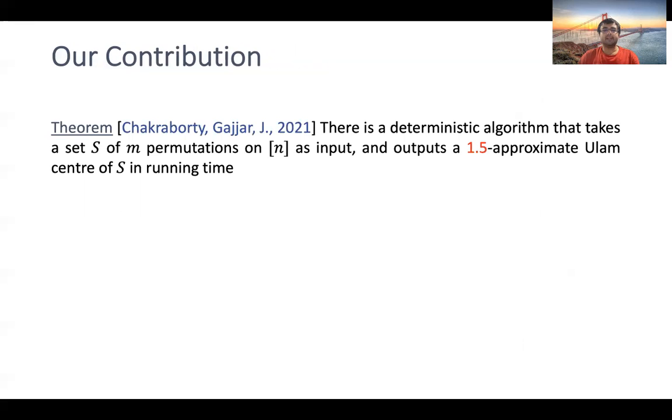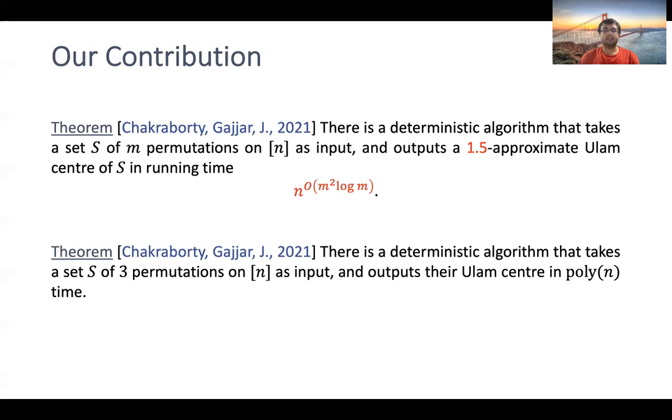There is a deterministic algorithm that takes a set S of M permutations on N as input and outputs a 1.5 approximate Ulam center in running time n to the power M square log M. Further, we also prove that for 3 strings, there is a deterministic algorithm that takes a set S of 3 permutations on N as input and outputs their Ulam center in polynomial N time. So this completely rules out the fact that for 3 permutations, the problem is NP hard.